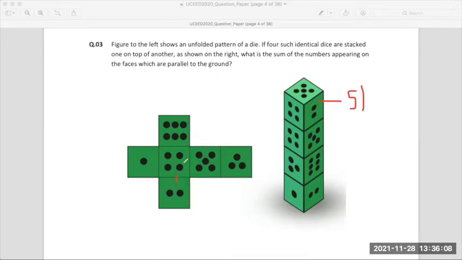If one side is 5, the other side will be 1; if the top is 5, the bottom will be 1, you agree? Yes. 5 and 4 are here. One side 6 will come and the other side 2 will come. Right? So 6 and 2.